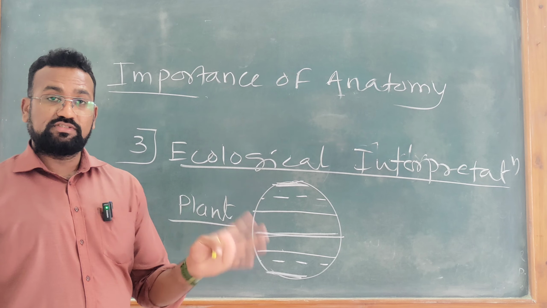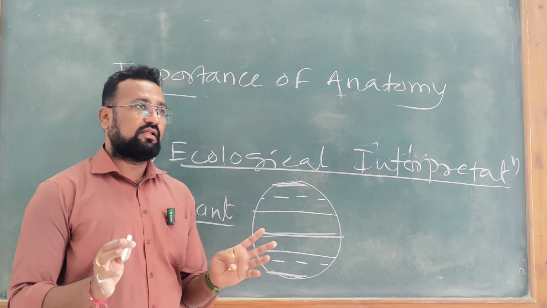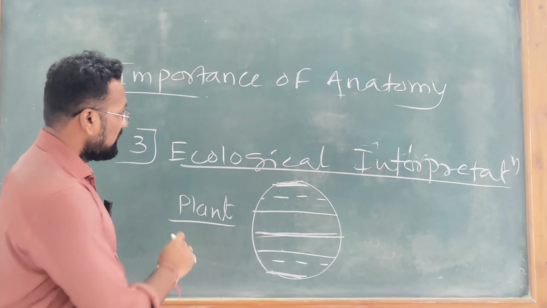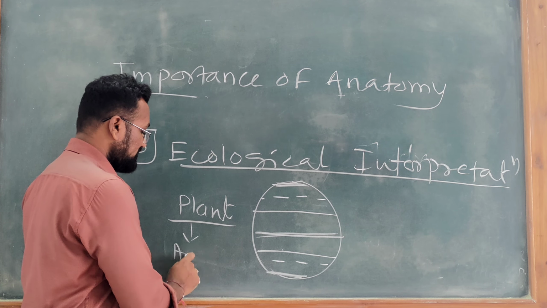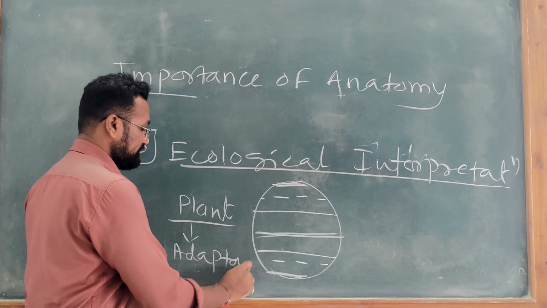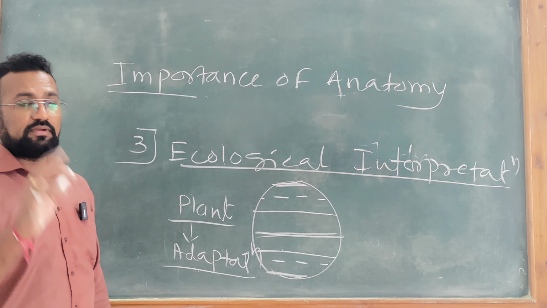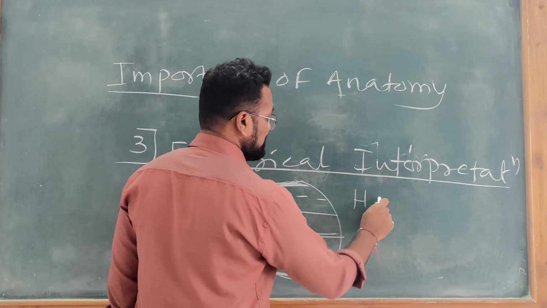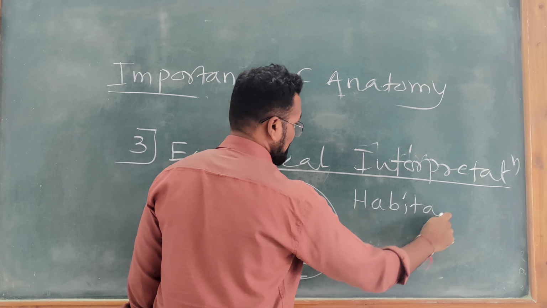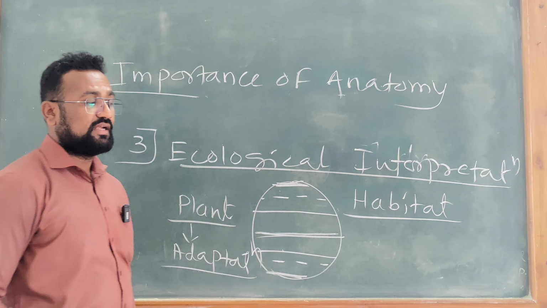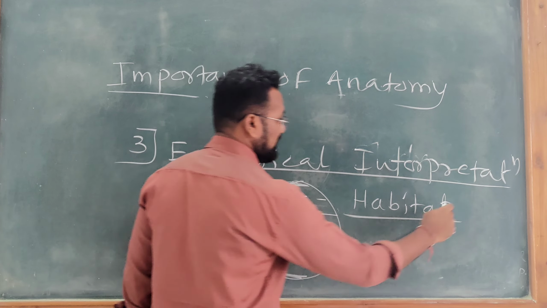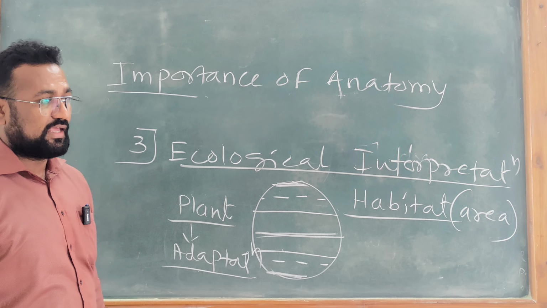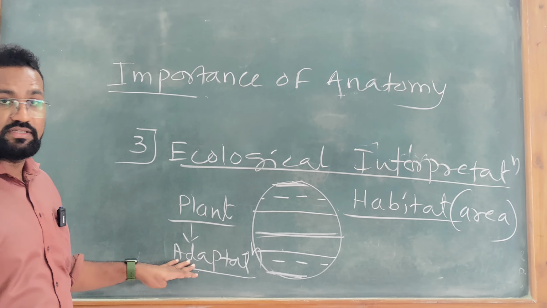According to the ecosystem, or in simple words the external environment, plants show adaptation to live in that particular area. The area where a plant lives is called its habitat. According to the area, the plant shows some adaptation.